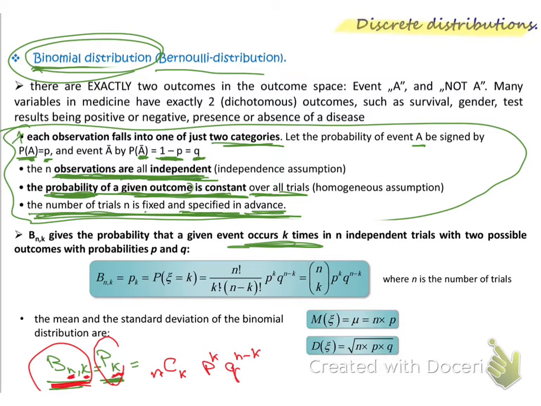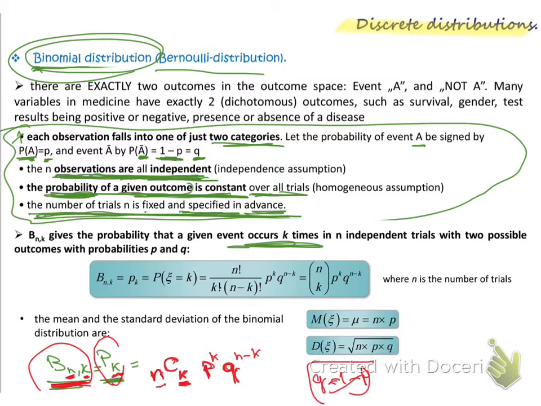It will be equal to the combination nCk, with n put here and the k, times P to the power k. Always I have to calculate the Q in my problem, because the P, the probability, is given in my problem, but Q I have to calculate, which is 1 minus P.